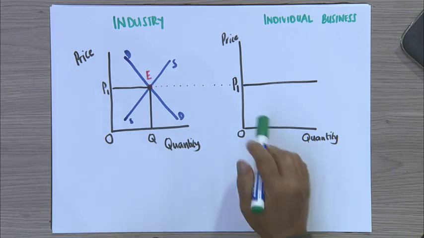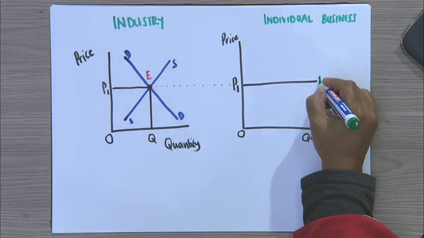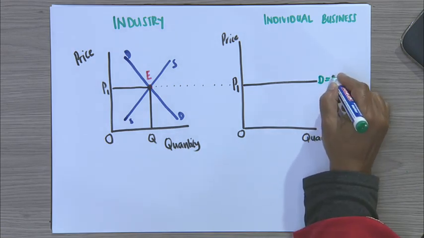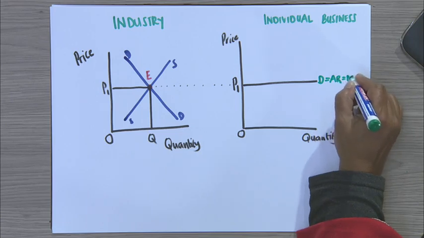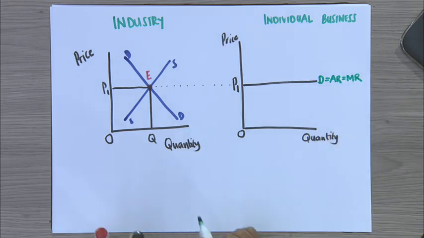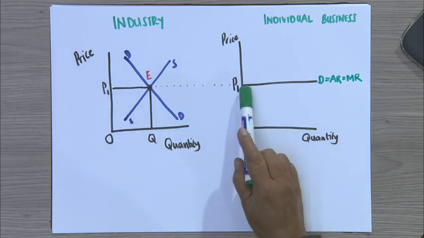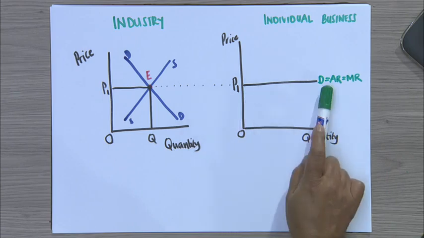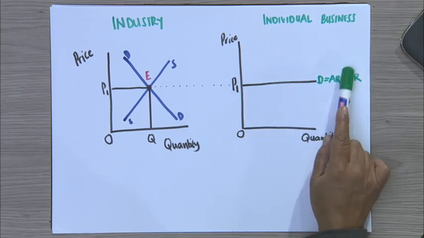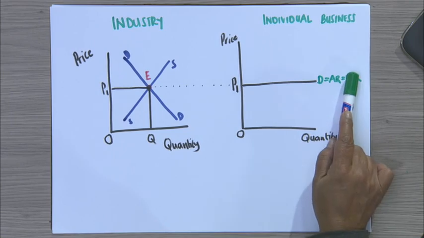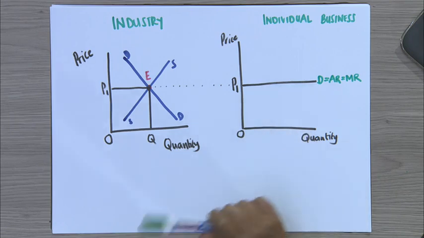So you see there I have my horizontal demand curve, and this is my demand curve, but it's also going to represent the average revenue, and it will also represent the marginal revenue. Because remember, I have to sell at this price. I've got no control over the price, so my average revenue will be the same and my marginal revenue would be the same. The only thing a business controls is the amount of the output.